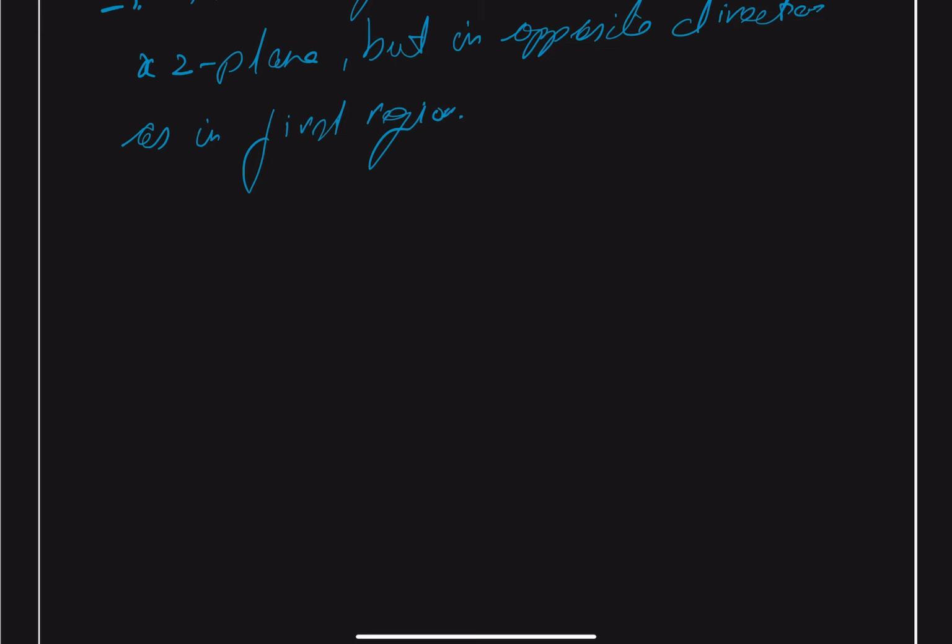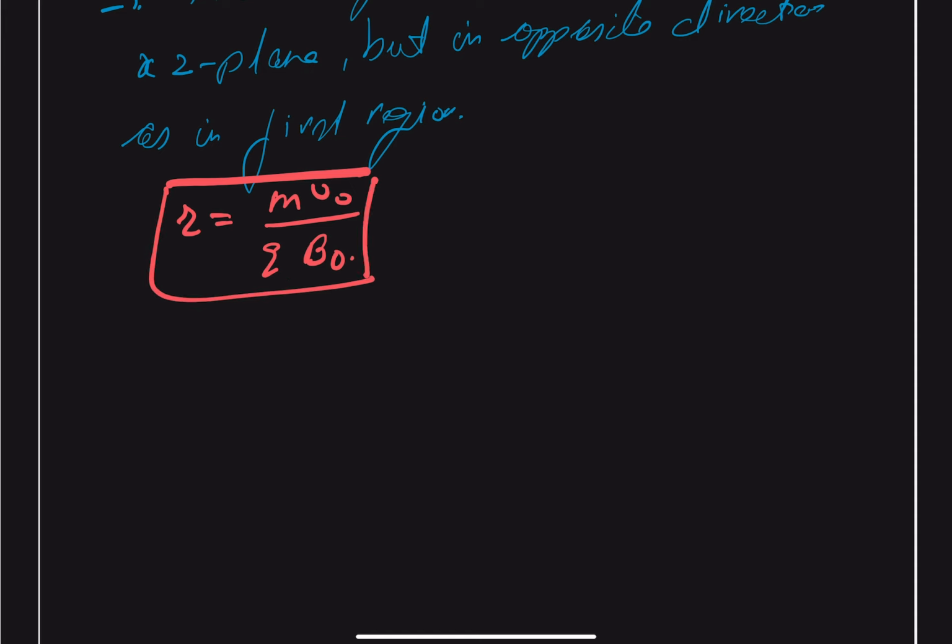So here also we can find out the radius. The radius will be the same: m v naught divided by q times B naught. Radius in both cases will be the same, because the magnetic field has no effect on the speed of the charge, because the work done is 0.